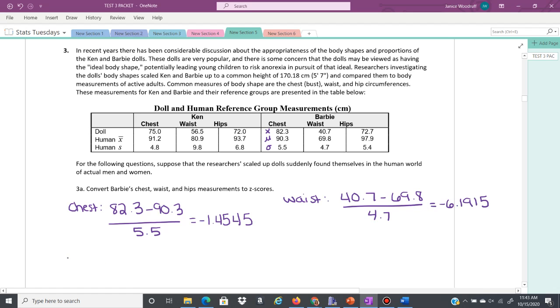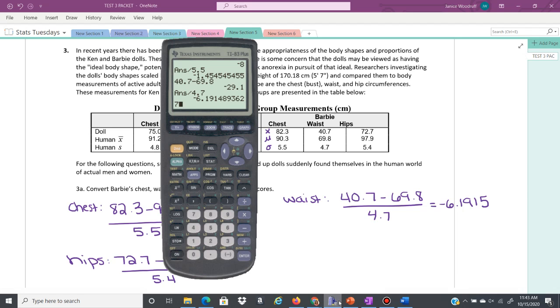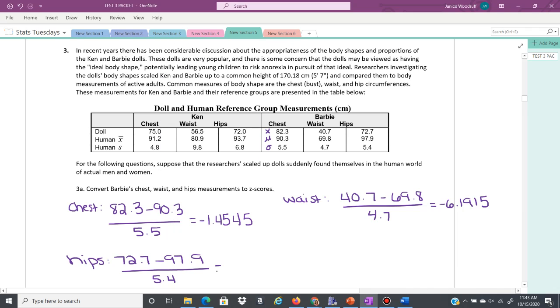And then hips would be 72.7 minus 97.9 over 5.4. And that's going to give us a negative 4.6667. Okay, so that's your first one.